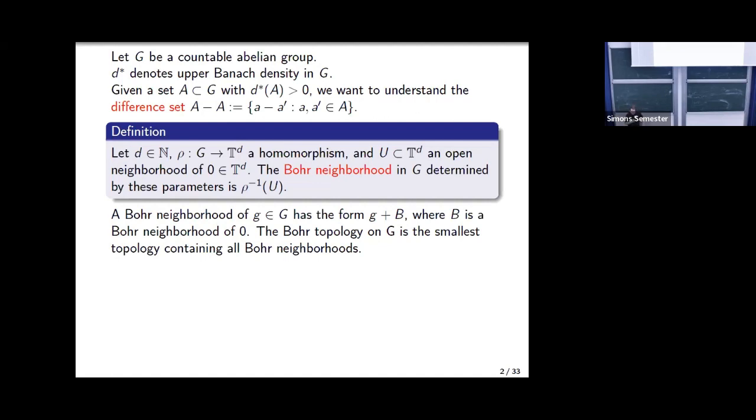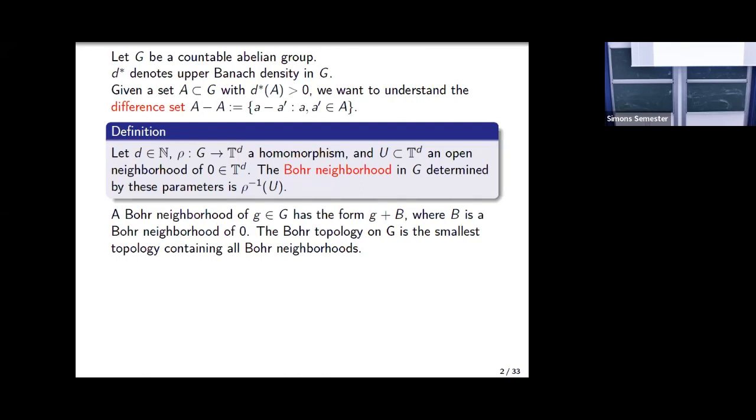So in general, in a countable abelian group, you define a Bohr neighborhood by taking a d-dimensional torus, a homomorphism from your group into that torus, and an open neighborhood of the identity in the torus, or the zero in the torus.